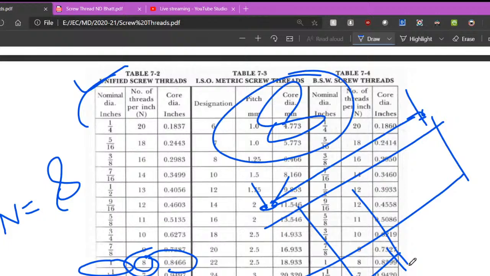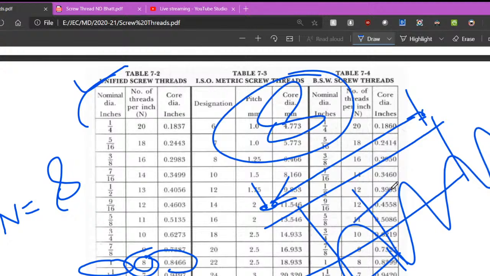So there are 8 crests, 1 2 3 4 up to 8, and we have to measure only this one, that is your pitch. So n number of threads are there, so your pitch becomes 1 by n, in this case 1 by 8.